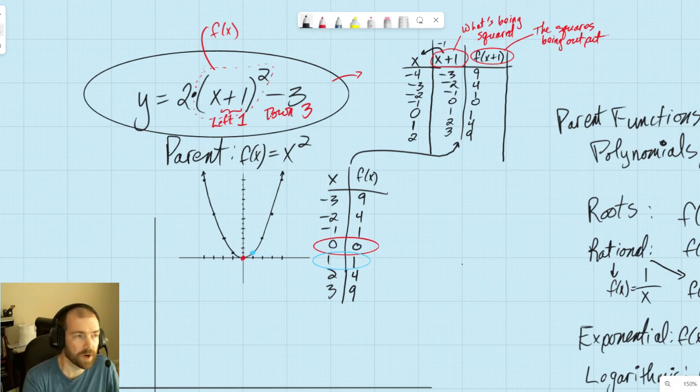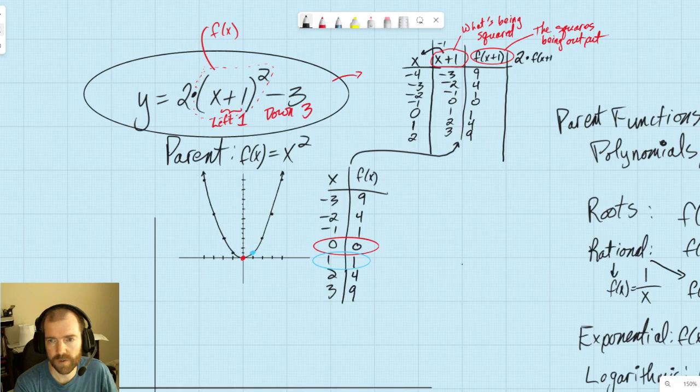Okay, so by order of operations again, now we've got 2 multiplied by our function, x plus 1 squared. So twice f of x plus 1. So f of x plus 1 is this column, so now double it.